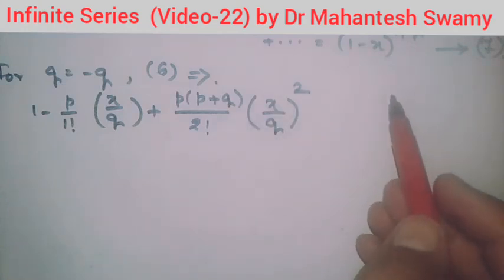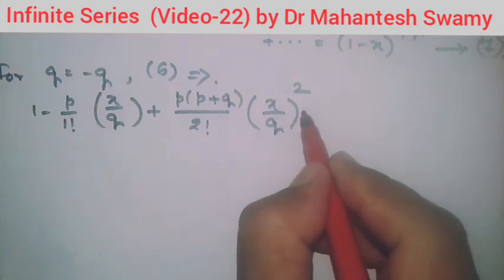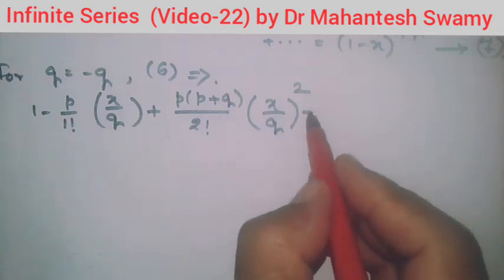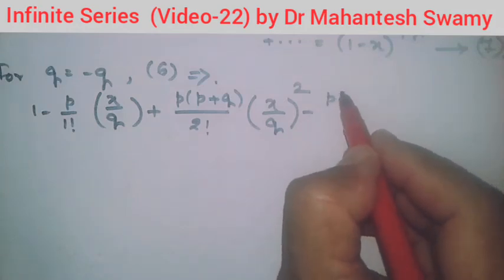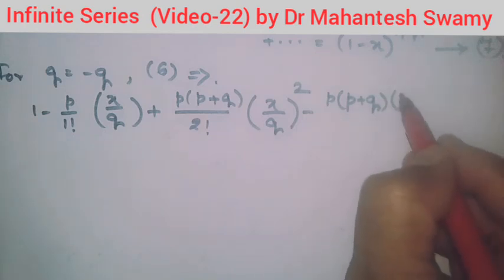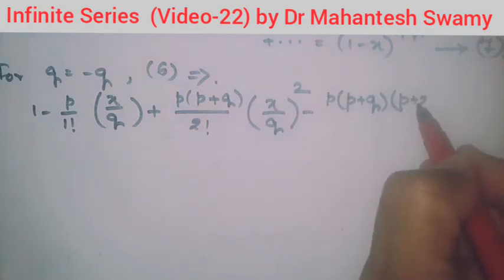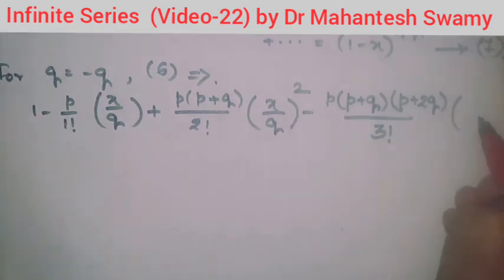But in the case of the odd power, it is minus sign, it is actually plus there in equation number 6. P into bracket p minus q becomes p plus q, because q is replaced by minus q. P minus 2q becomes p plus 2q, divided by 3 factorial as it is, into x divided by q whole cube.